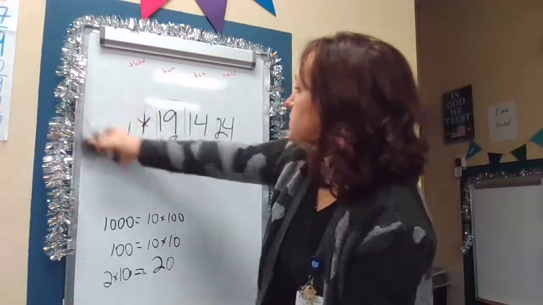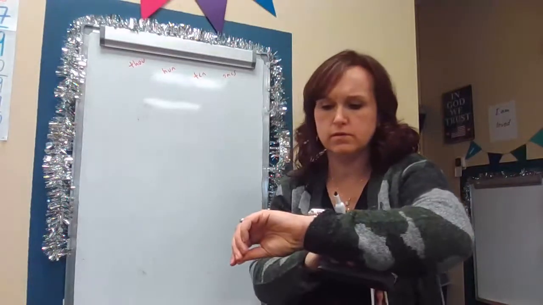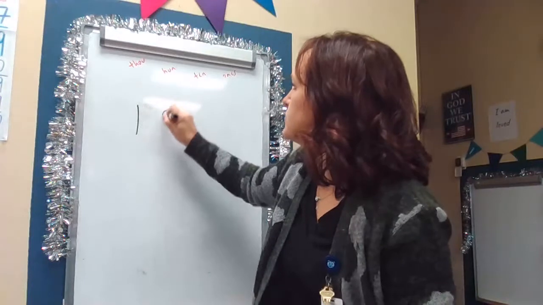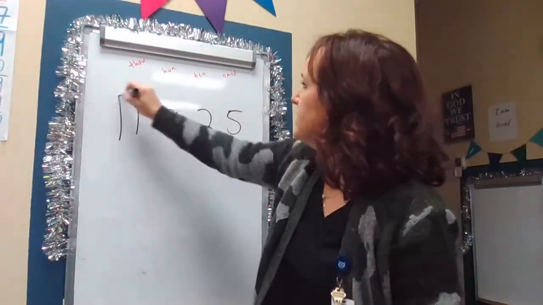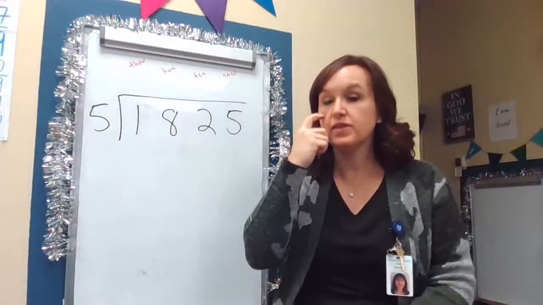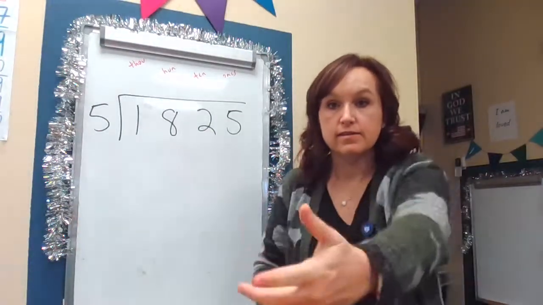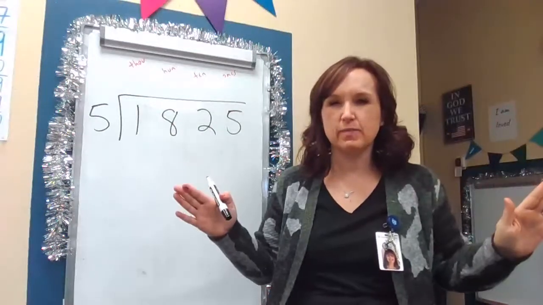We're going to do 1,825, and we're going to divide that into 5 groups. You could think about it like we're going to take this and give 5 to each person. How many people can we give it to? So there's kind of 2 ways to think about it.